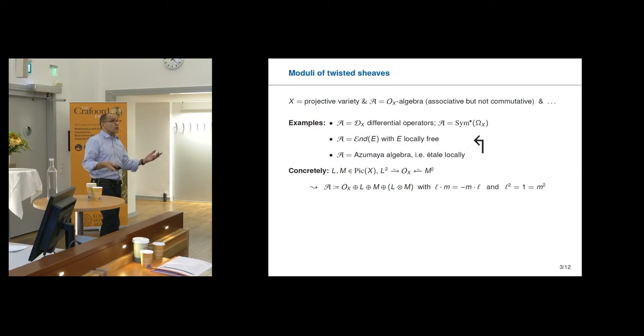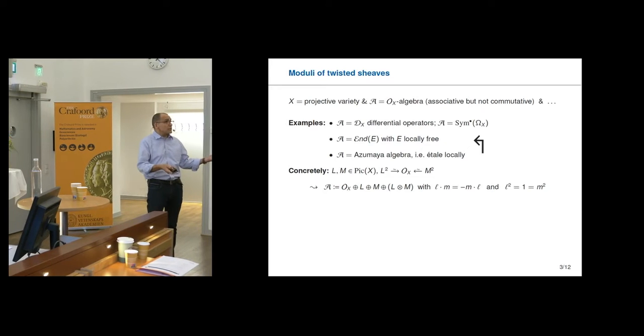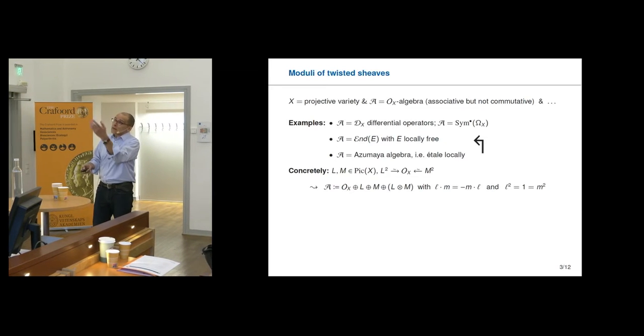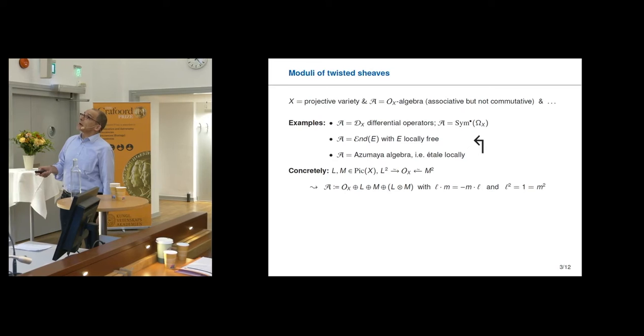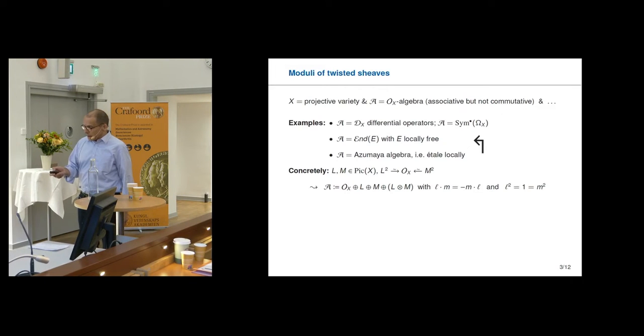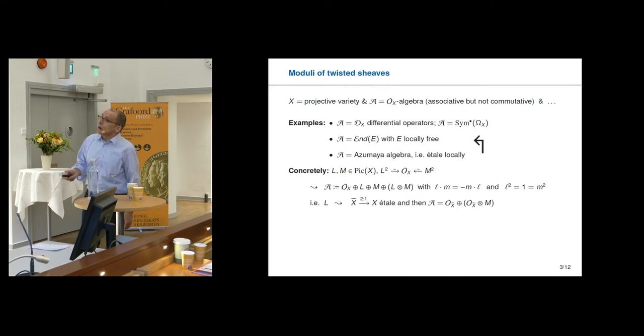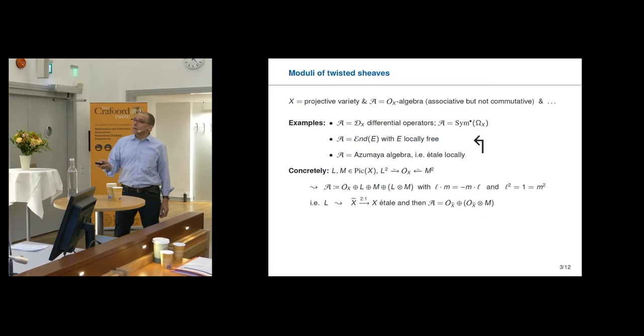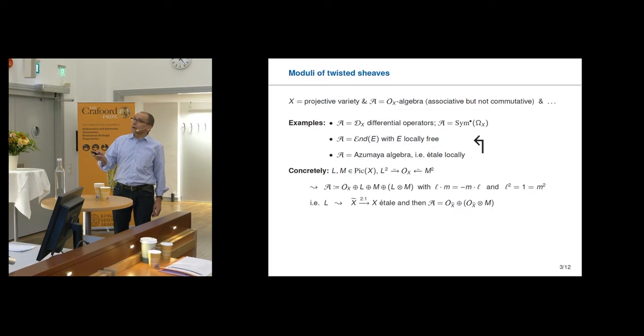And then you can prove that locally it really looks like a matrix algebra and becomes an Azumaya algebra. You could think of this slightly more geometrically by saying, well, a torsion line bundle corresponds to an étale cover, and then you can write down this Azumaya algebra as this sum, and the minus sign here becomes actually the Galois involution of the covering.